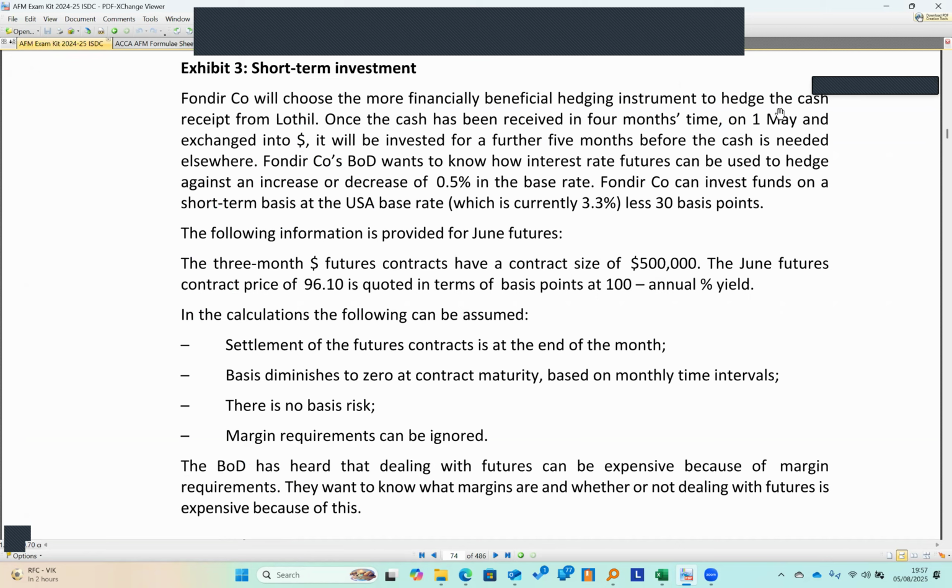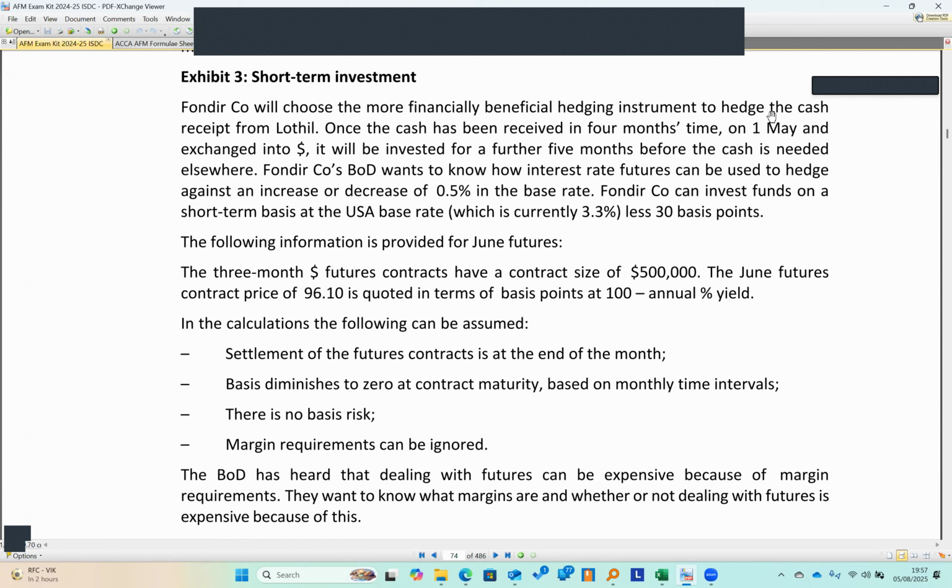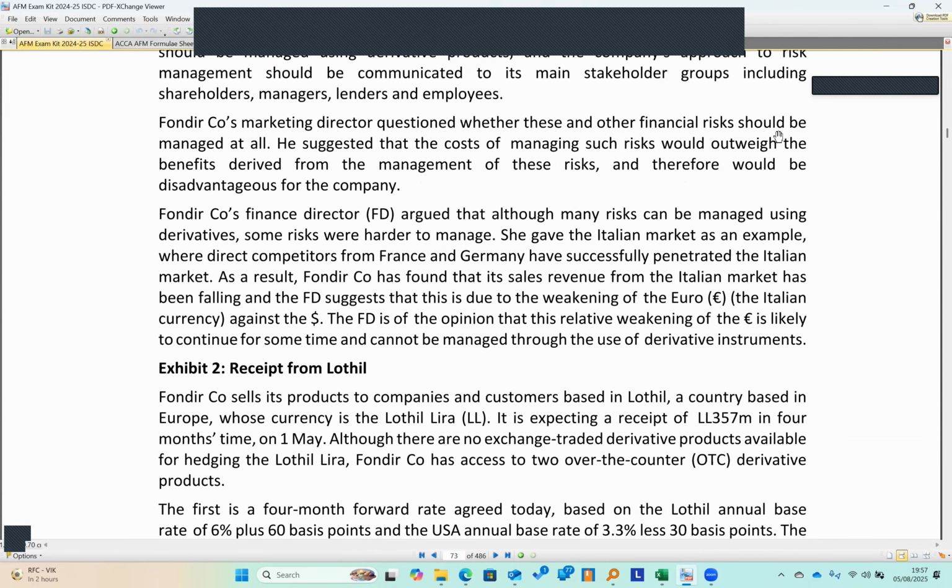Oh, actually, we are still not yet there in actually May, but that's when we shall receive it. So right now, which date is it? All I know is that this is going to be in 4 months time on 1st May. So that means that we are in, is it January, February, March? No, we are in February, March, April. Let me see if they told us if we are in March.